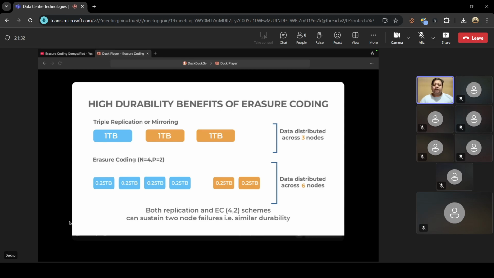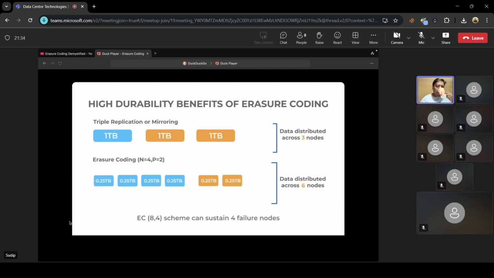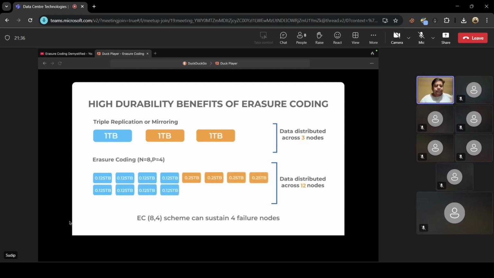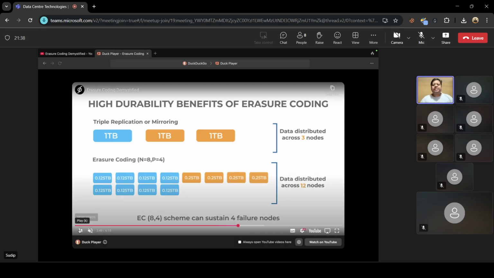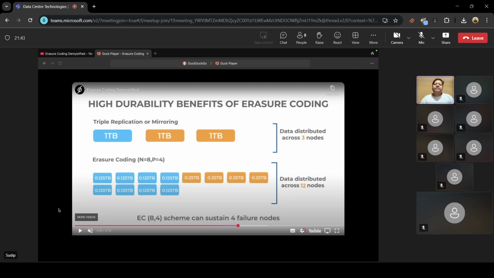And moving forward, this is the best part of erasure coding. Whenever you want to increase the durability or redundancy of the system without having to hard bind the disks in specific RAID groups. Yesterday we learned one important thing, right?